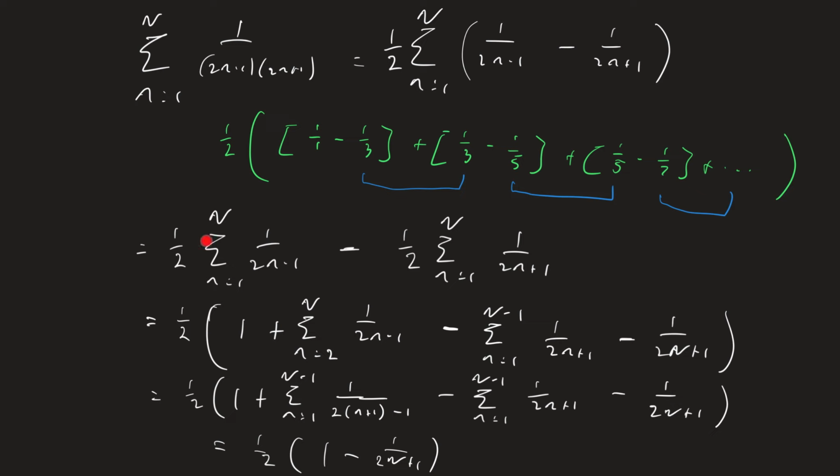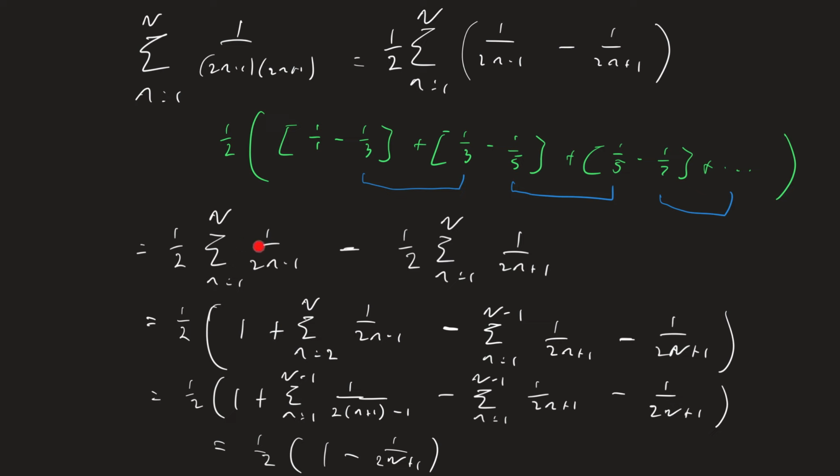To do this formally, then you take this summation here. By seeing what we did this way, that tells us the algebraic manipulations we need to do. For the first sum, we need to take out the very first term, but keep the rest.